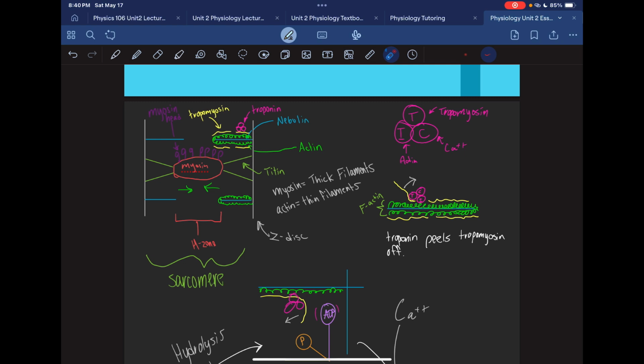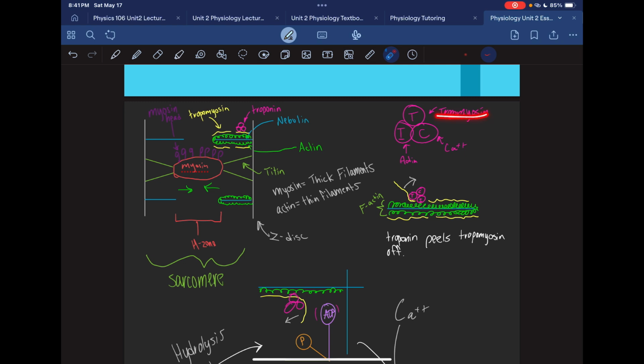of the troponin is going to attach to the tropomyosin, which we identified here, which is that thin little form of stuff that sits on top of the actin and is preventing the myosin heads from reaching them.